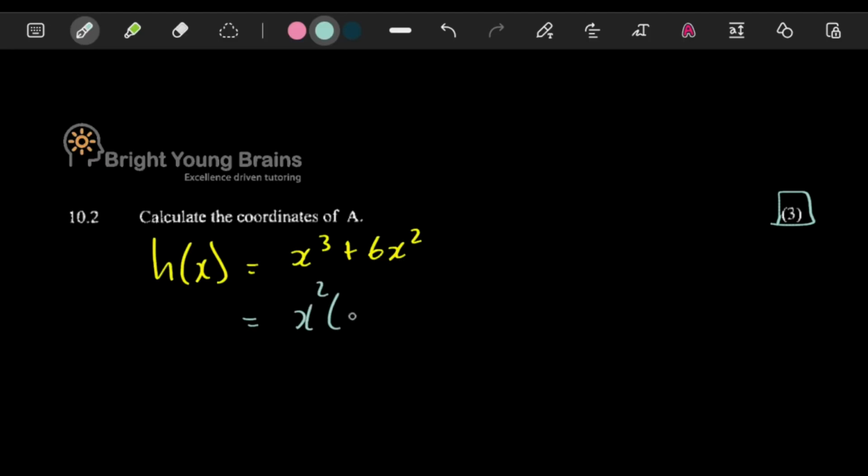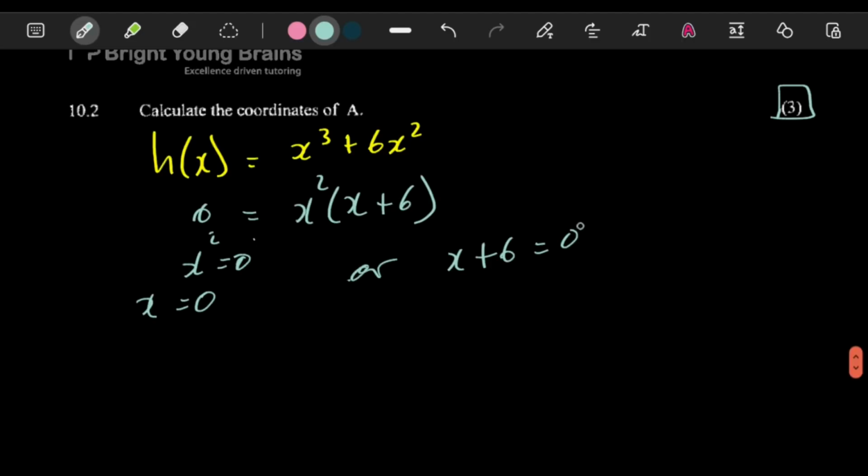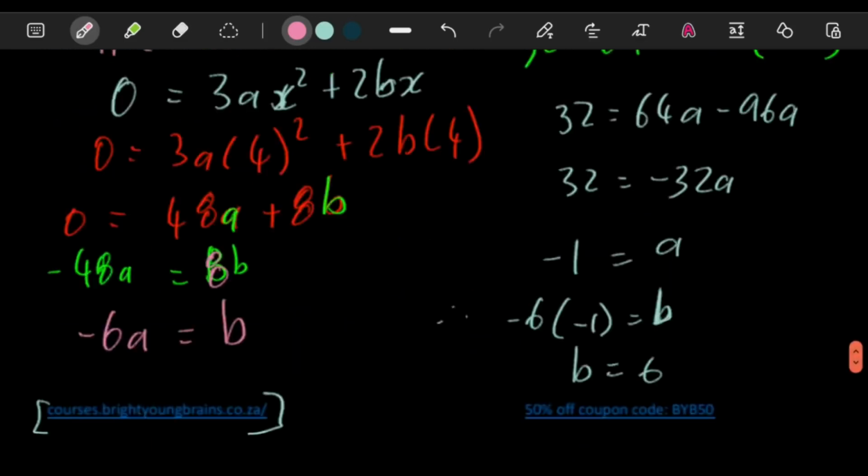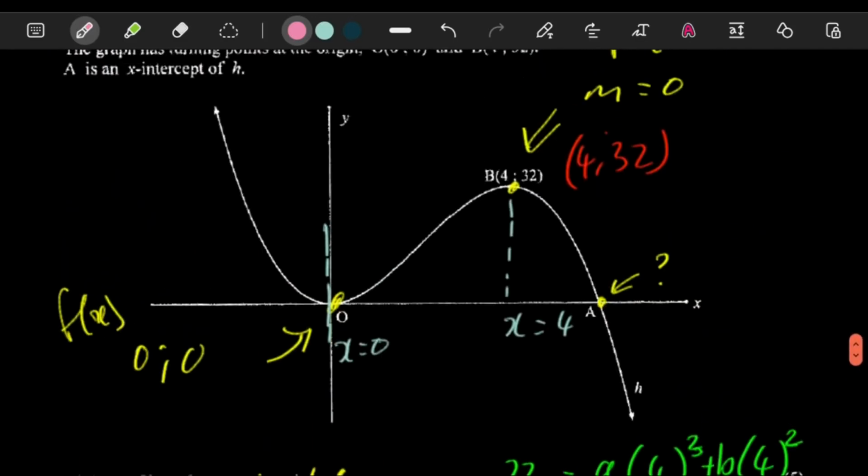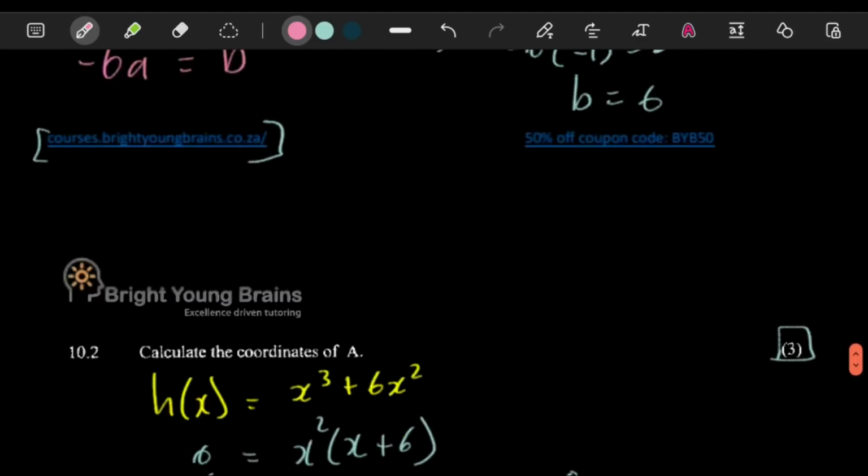There's x squared times x plus 6 equals 0. x squared equals 0 gives this one, and then x plus 6 equals 0, so x is negative 6. So you now know what A is: negative 6 coordinate 0, because this is one of the x-intercepts. And there's an x-intercept over there, plus 6.